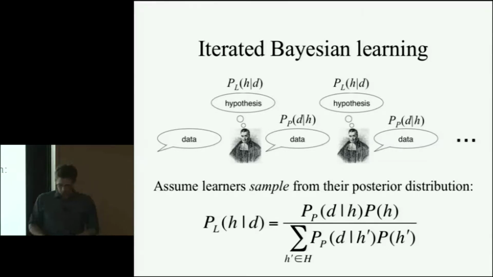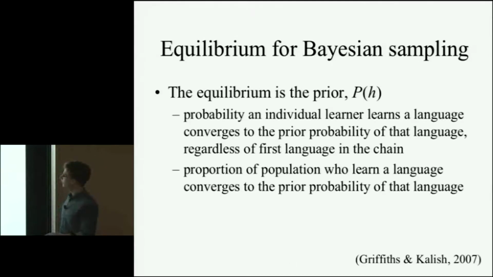What we can show, and this is joint work with Mike Kalish, is that in this case there's a very simple characterization of the stationary distribution of iterated learning and correspondingly the equilibrium of the neutral replicator dynamics. And this equilibrium is just the prior distribution that's assumed by the learners.